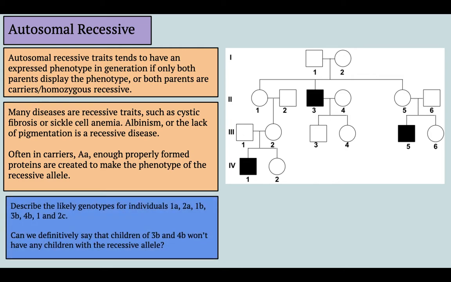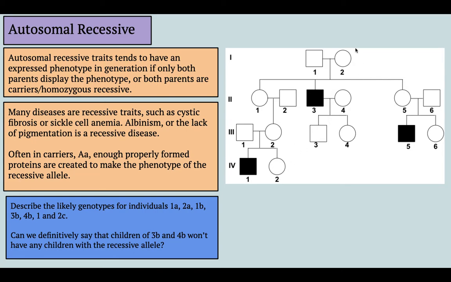So I want you to describe for me likely the genotypes of individuals 1A and 2A, of 1B, 3B, 4B, and also 1 and 2C. Sorry, I totally got that wrong.